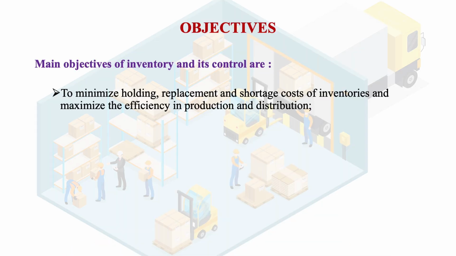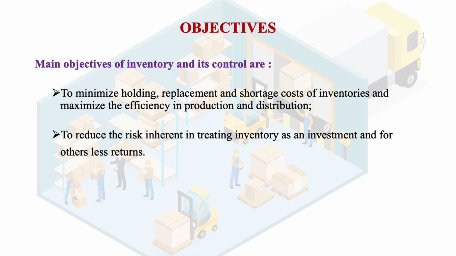We have to minimize holding, replacement and shortage cost of inventory to maximize operational efficiency in production and distribution. The next point is to reduce the risk inherent in treating inventory as an investment with lower returns. We should not consider inventory as a risk or a liability to the company.